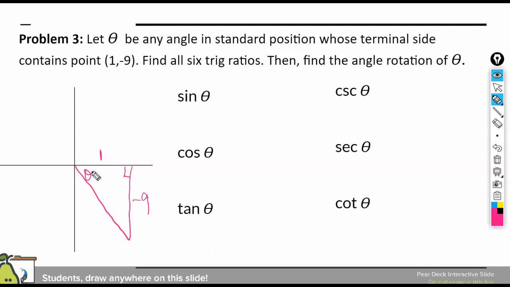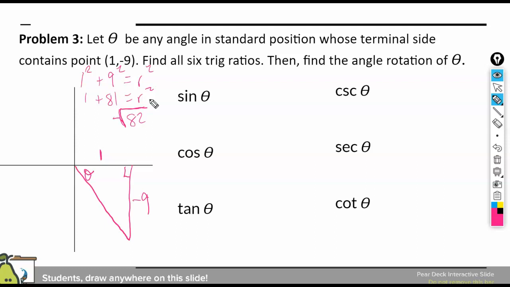If I do my Pythagorean theorem, 1 squared plus 9 squared is going to be equal to r squared. So that's going to be 1 plus 81 is equal to r squared, and I get 82, and the square root of 82.